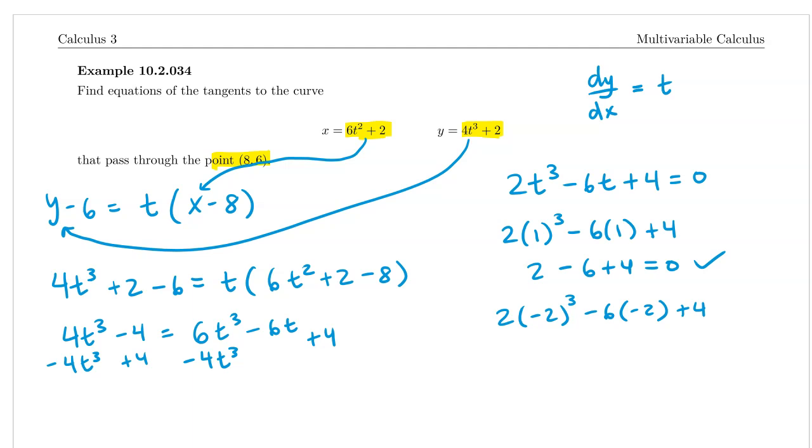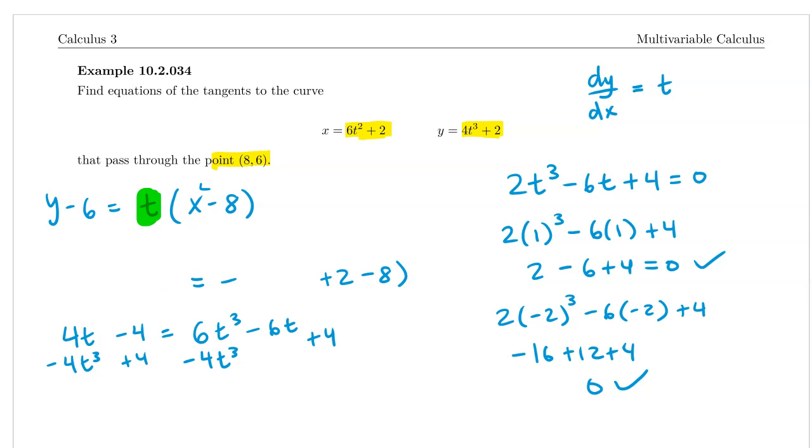I guess I shouldn't have put this equals 0 here, because we're checking to see if that's true. So -2 cubed is -8, and then times 2 is -16, plus 12 plus 4. That's going to end up equaling 0 as well. So that means that in our equation here, for t, we can replace that with 1 and -2, and those are going to give us the equations of the tangent lines that we're looking for.